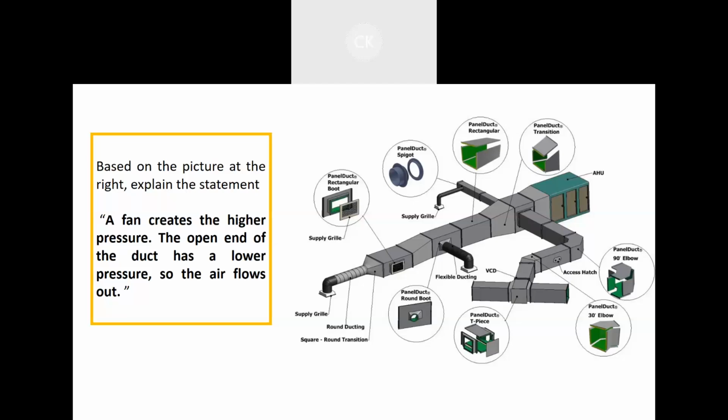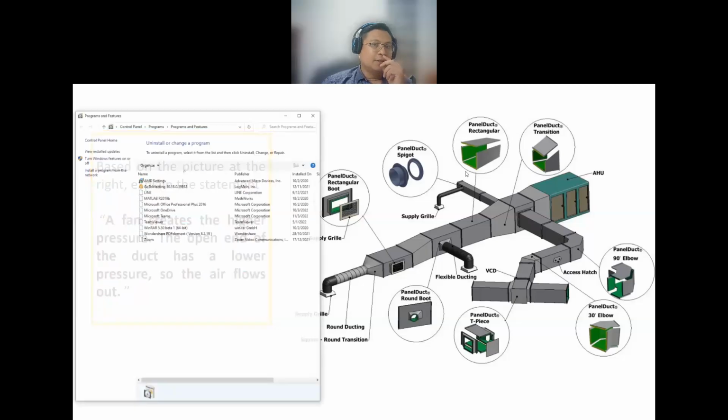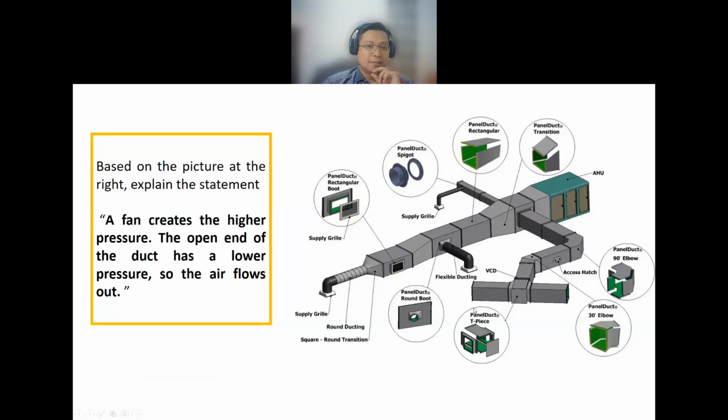Anybody else? Give me how the fan can create high pressure. The pressure difference between the start and the end of the duct causes the air to flow out, and it comes with the help of the fan. Okay, any else?